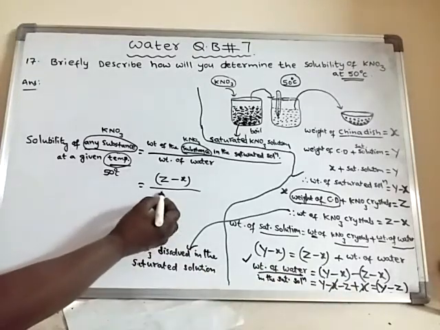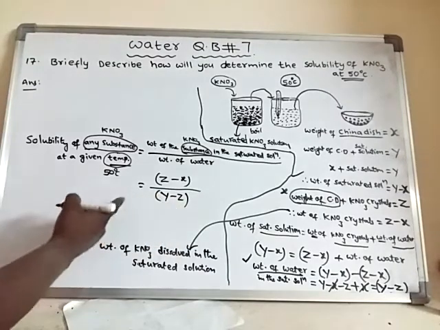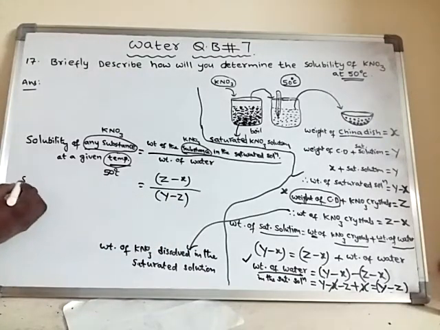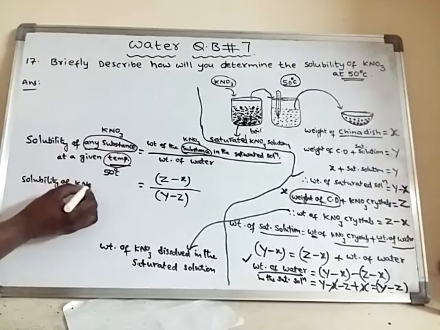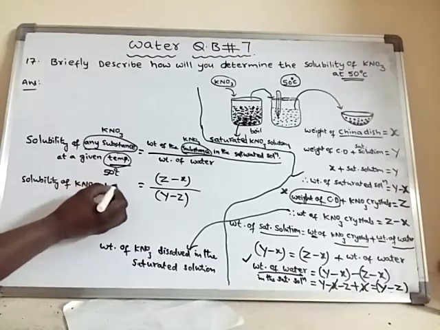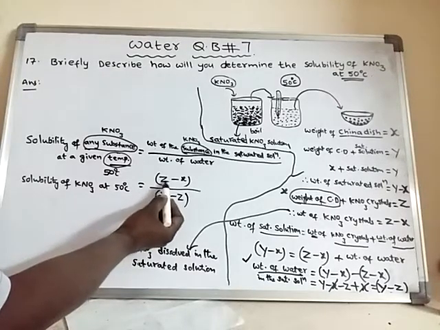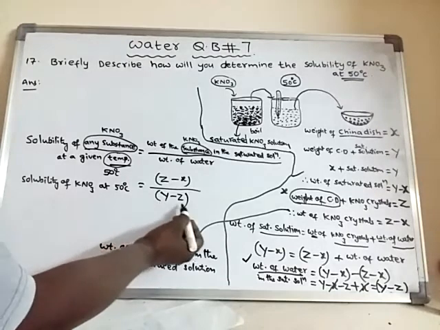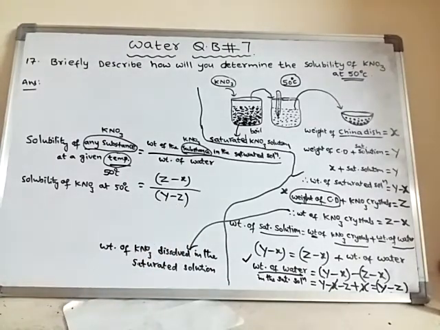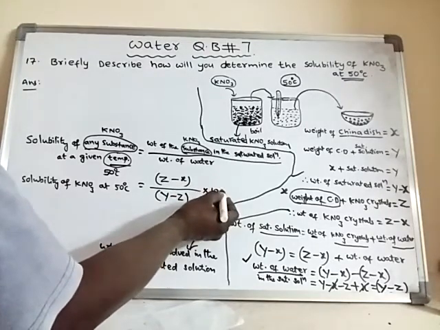Y minus Z. So like this we can determine the solubility of KNO3 at 50 degrees centigrade, which is equal to the weight of KNO3 in the saturated solution divided by the weight of water in the saturated solution, into 100.